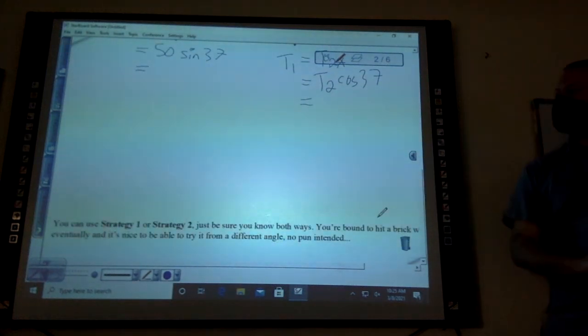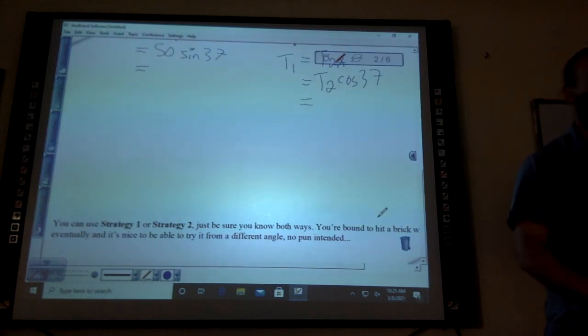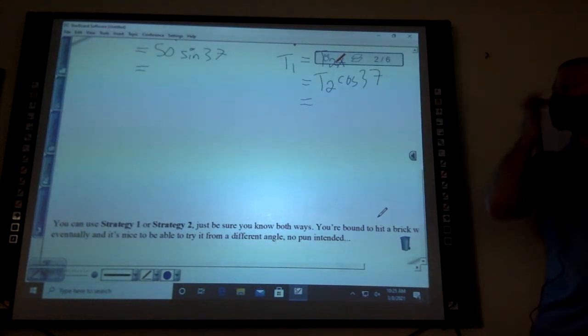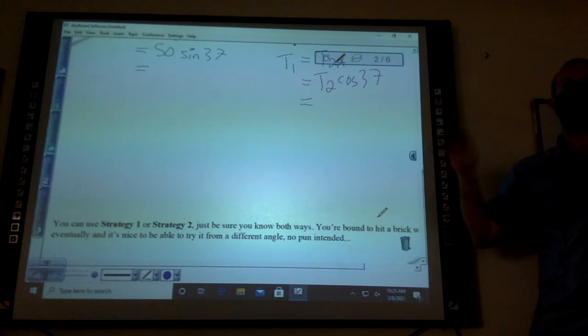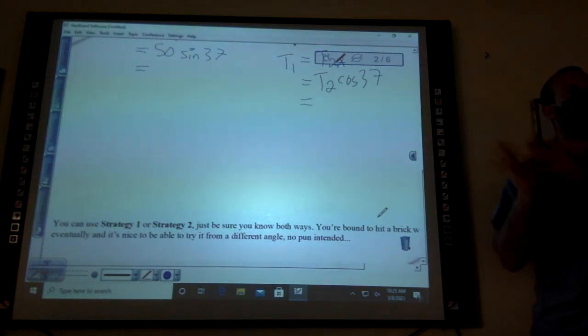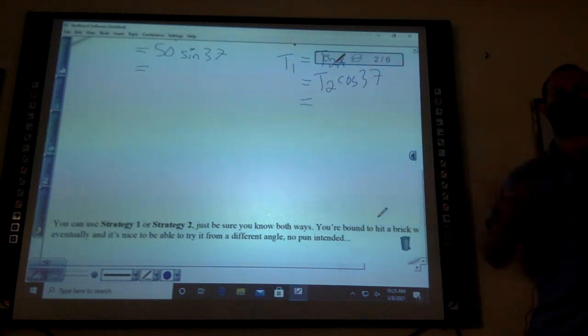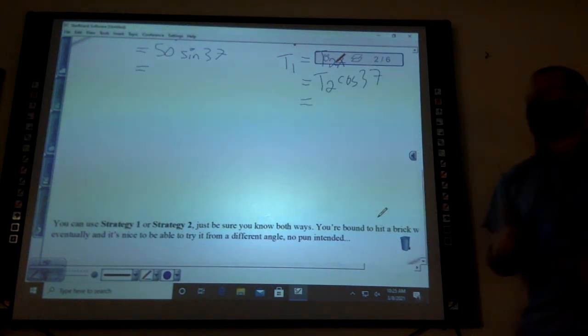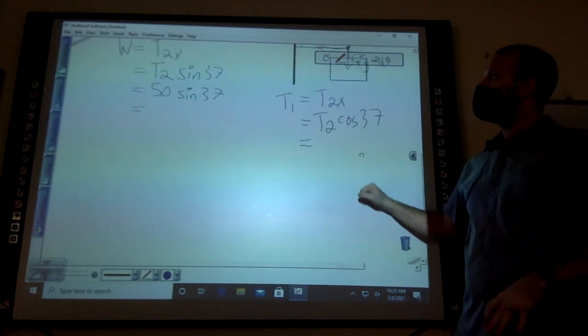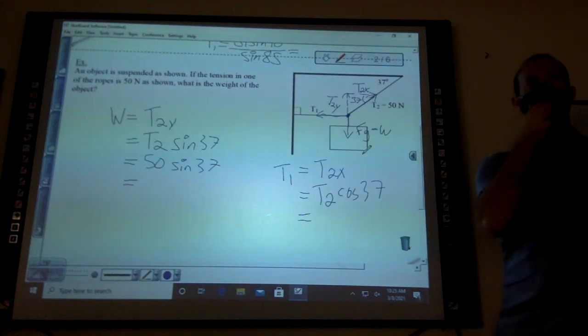Just as a hint, as I said in previous sections, you don't need to use both methods on the test. However, it's great to know both strategies, just in case, because sometimes you might get stuck using one method or the other.